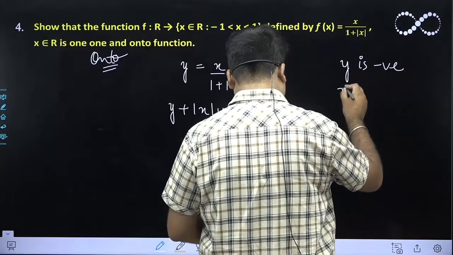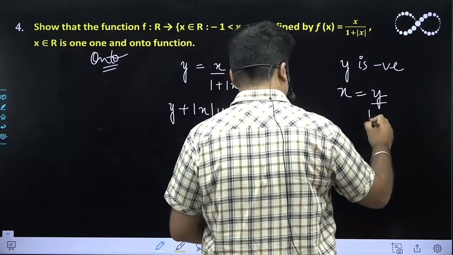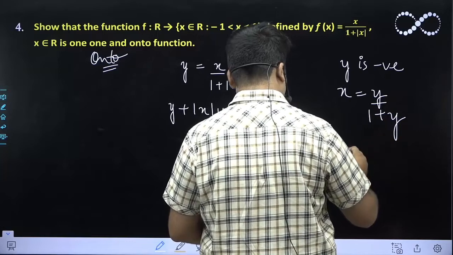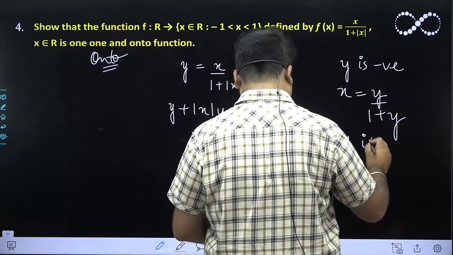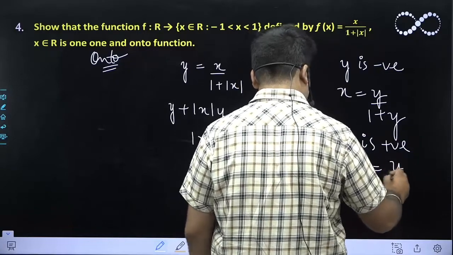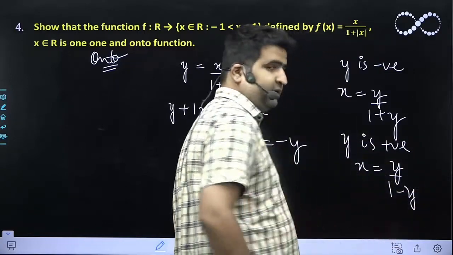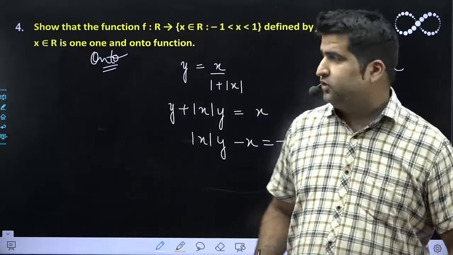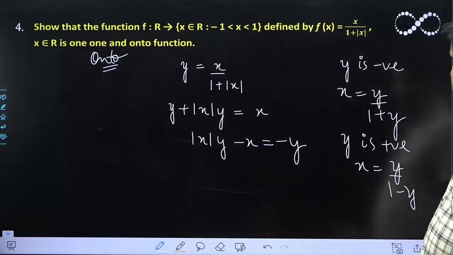In that case x will be equal to y upon 1 plus y, and if y is positive it will be equal to y upon 1 minus y, right? So these are the two values which you will get.